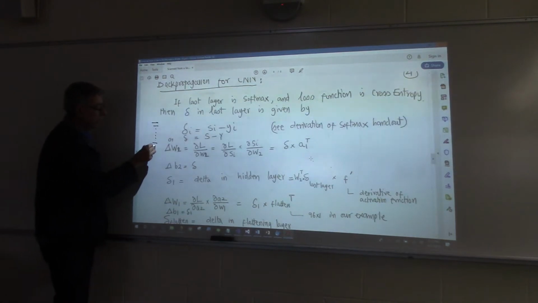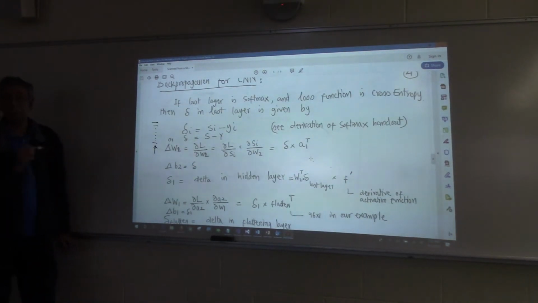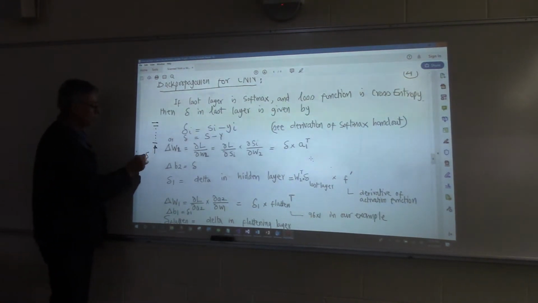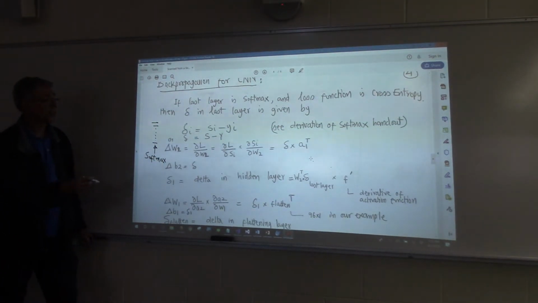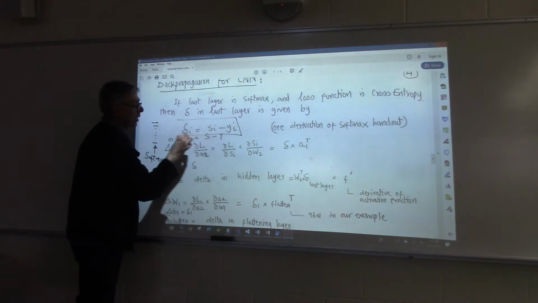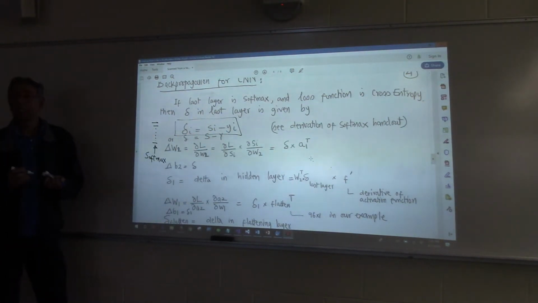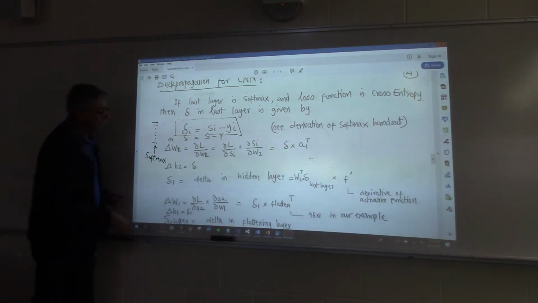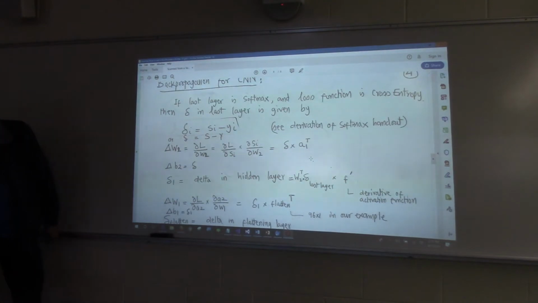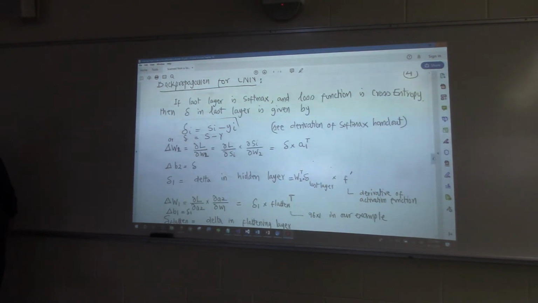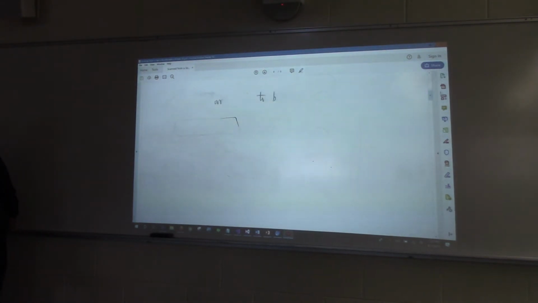So what kind of activation function will we use typically in the last layer? Softmax, for which we already did the derivation. So what's the delta in the last layer? Simply the S minus the actual, right? Okay, so let me now take you to the picture briefly and see if this is making sense.